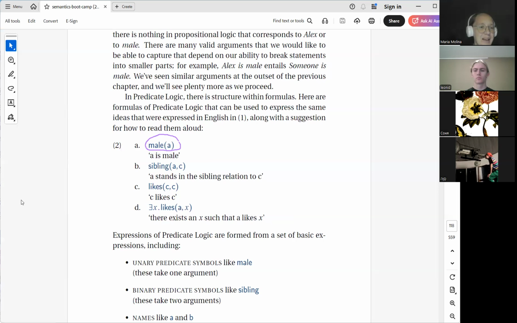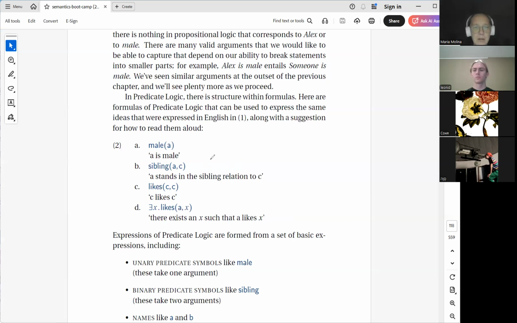Now, we take the relation sibling and turn it into a formula, and we've got this function sibling. And this function takes two arguments because the sibling relation is between two people.